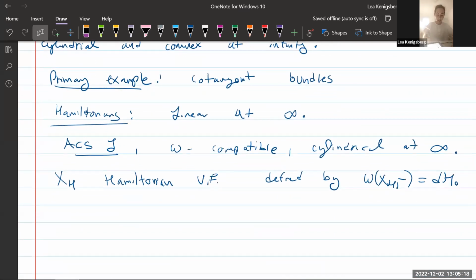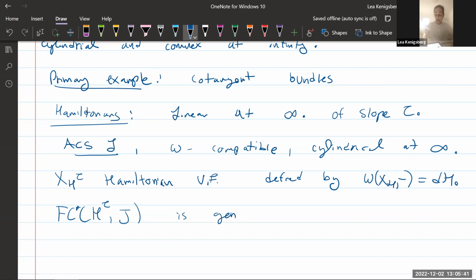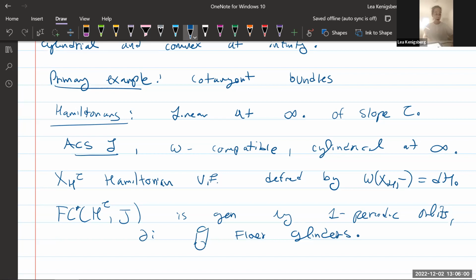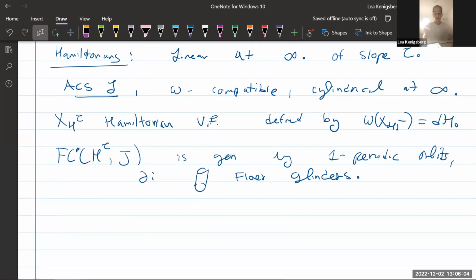So the Floer complex of these Hamiltonians, where tau here denotes the slope, is generated by one-periodic orbits, and the differential counts, as usual, Floer cylinders.